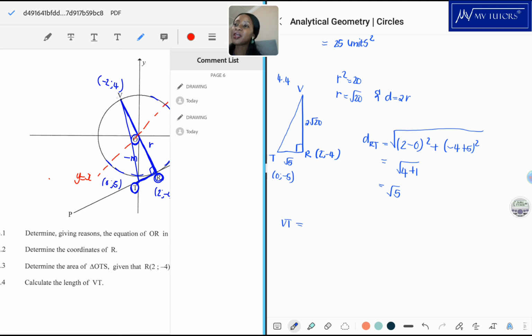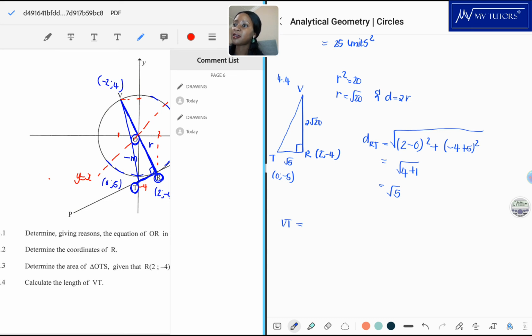But when we want to get the coordinates of V, you're going to actually get over here. So if this is 2, this is 2 and that's minus 4. V as well, that will be 4, positive 4, and that will be negative 2.